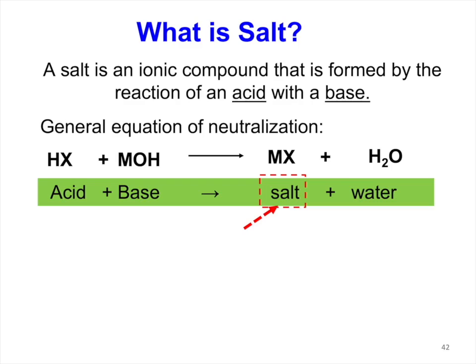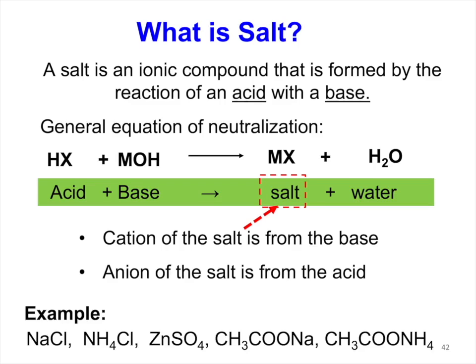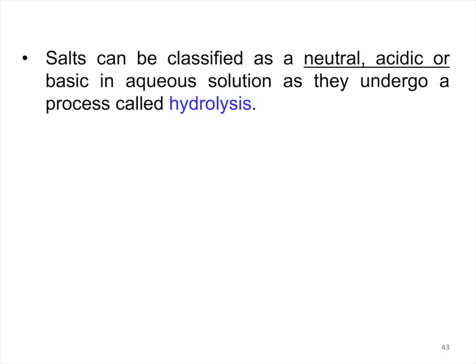In a salt there are a cation and an anion. Please remember that the cation of the salt is from the base and the anion of the salt is from the acid. Examples of salts are NaCl, NH4Cl, zinc sulfate, sodium ethanoate, CH3COONH4. Salts can be classified as neutral, acidic, or basic in aqueous solutions as they undergo a process called hydrolysis.